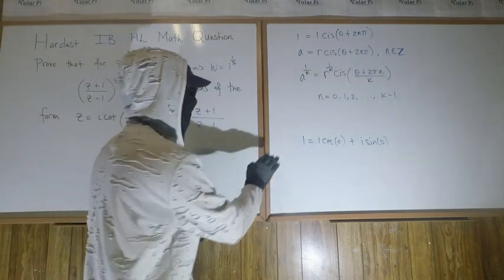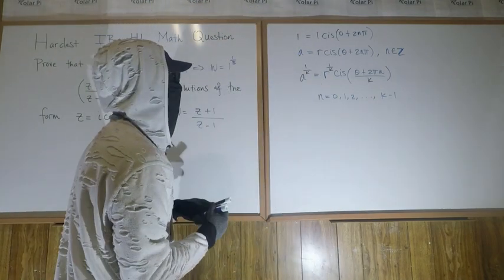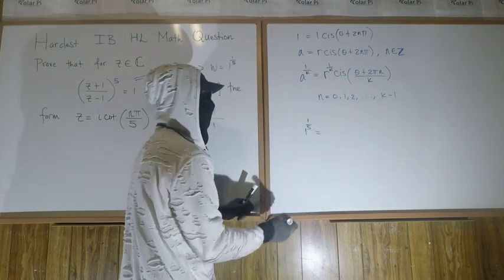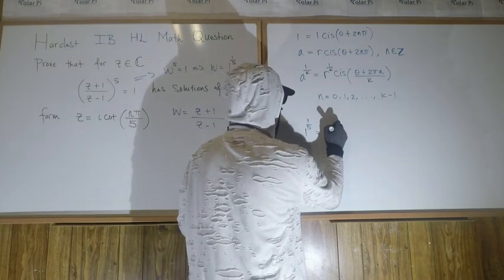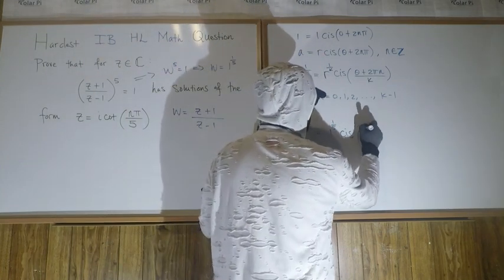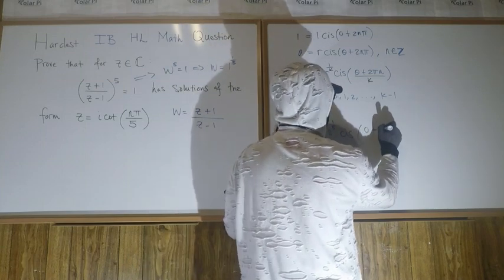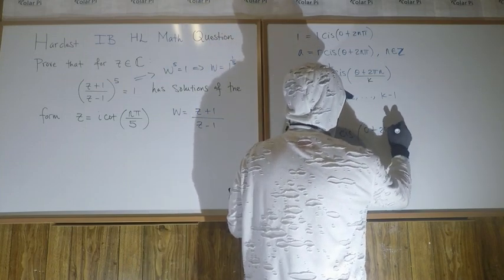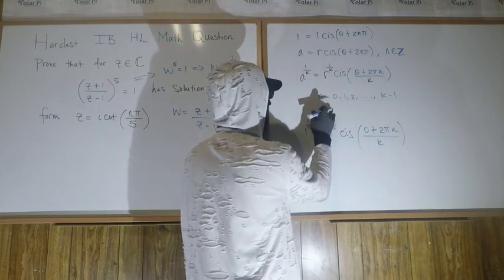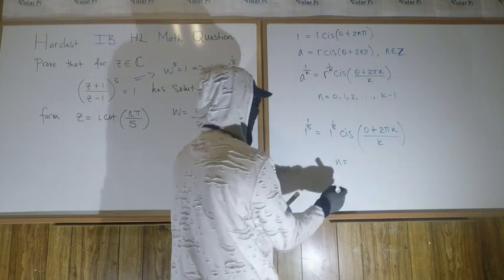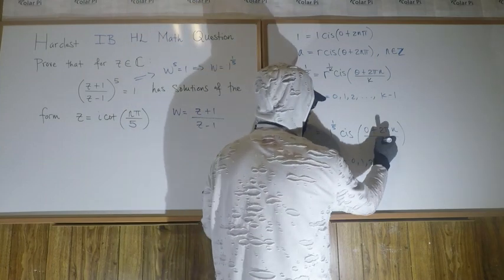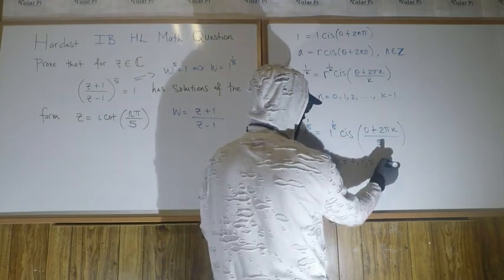If that's the case, then the fifth roots of 1 should be 1 to the 1/5, that's r to the power 1 over k, times cis of 0 plus 2 pi n over k, where n goes 0, 1, 2, all the way to k minus 1.